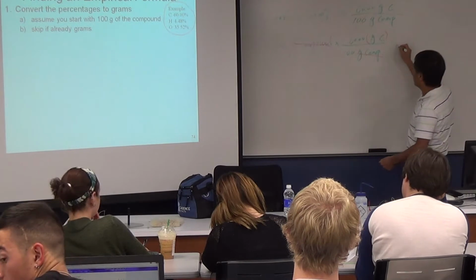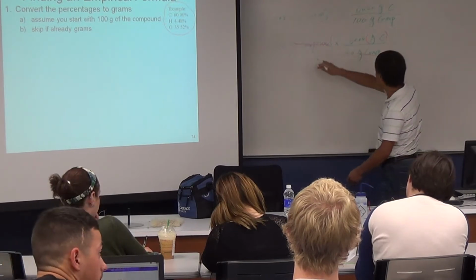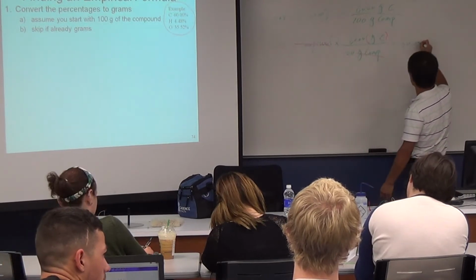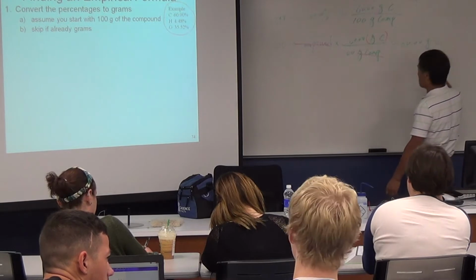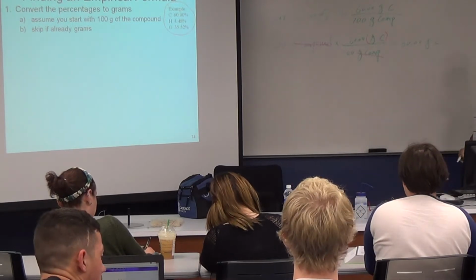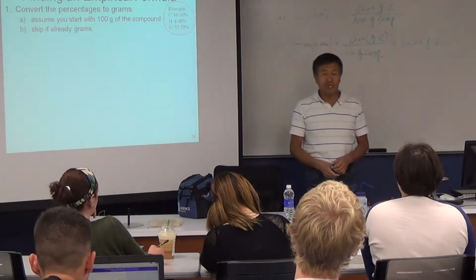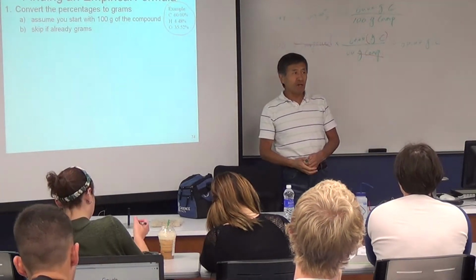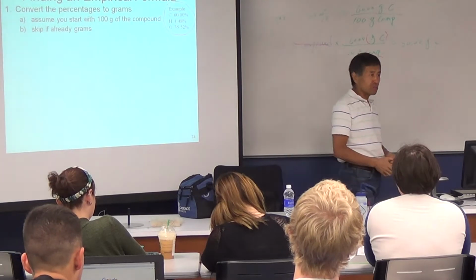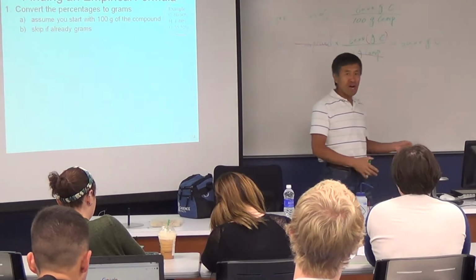So the 100 cancels and you get 60.00 grams of C. As I emphasized at the beginning of this practice, to find the empirical formula is to find the moles. So we're getting closer, we're getting grams now.